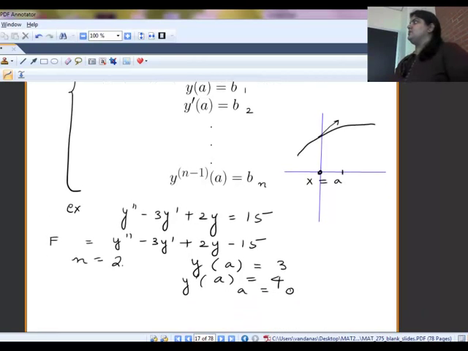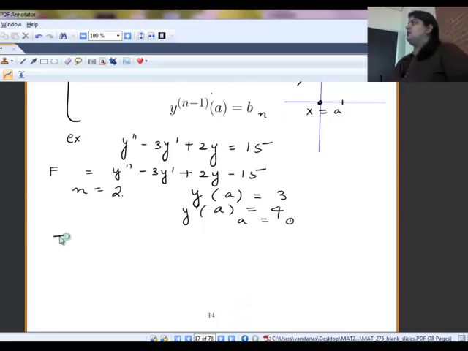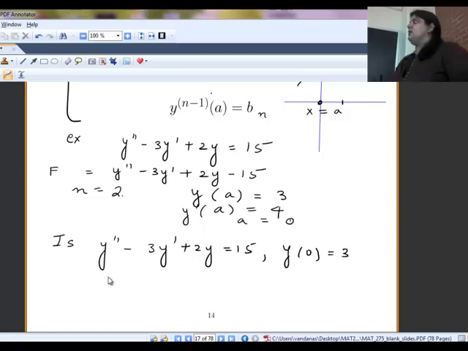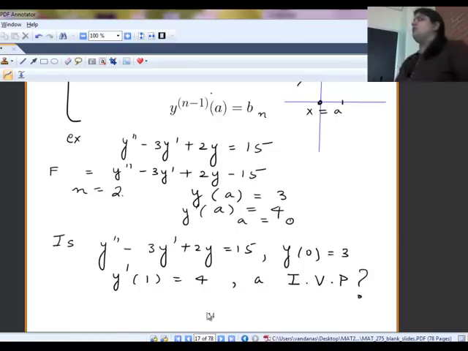Let me ask you this question: is y double prime minus 3y prime plus 2y equals 15, with y(0) equals 3 and y prime at 1 equals 4, an IVP? Is it an initial value problem?